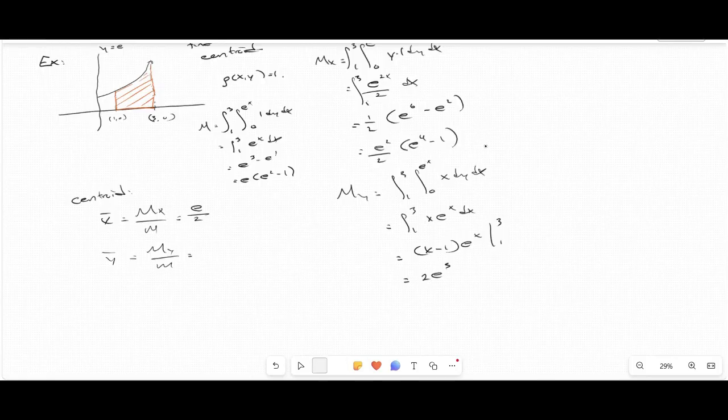E to the fourth minus 1 is e squared minus 1 times e squared plus 1. So that e squared minus 1 will cancel, so we'll just get e squared plus 1. And then for y, oh, I did this wrong. Sorry. Whoops. This is terrible. This is the average y coordinate. This is the average x coordinate.